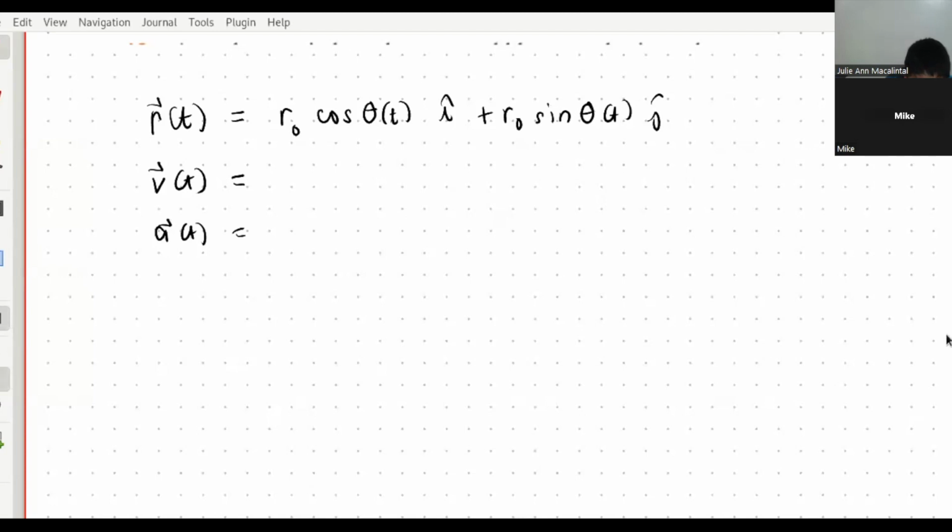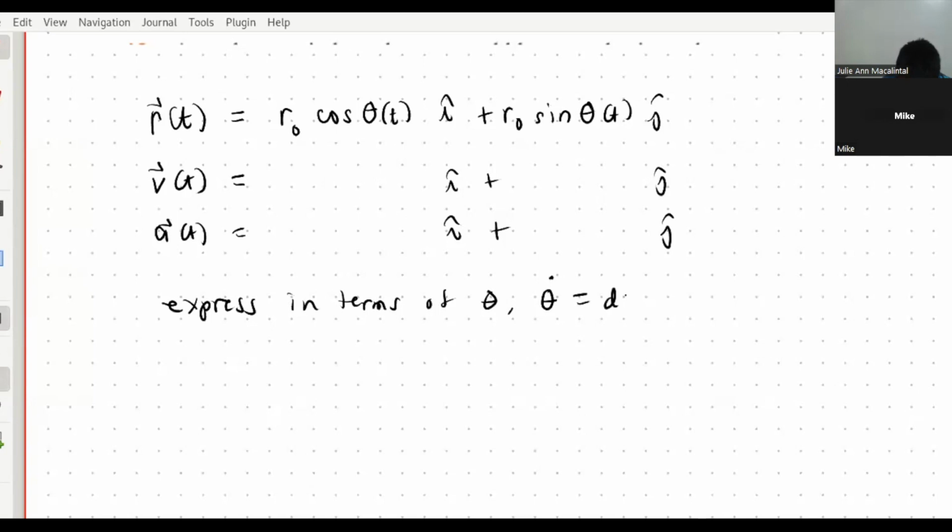So, ang gusto kong makuha ay expressions for yung I and J components ng velocity at acceleration in terms of theta, theta dot, which is defined to be d theta dt, and theta double dot, which is defined to be d squared theta dt square.